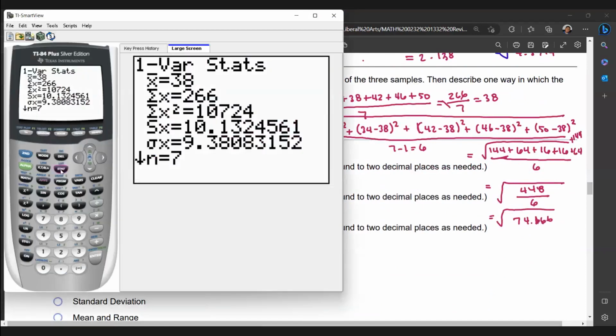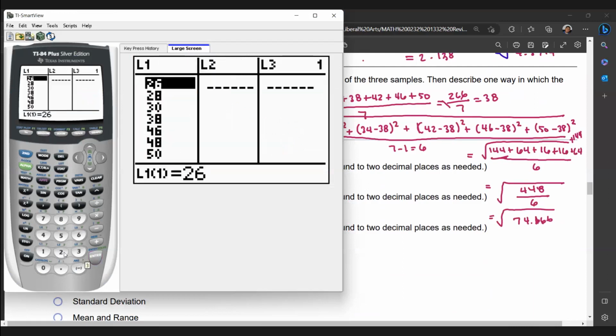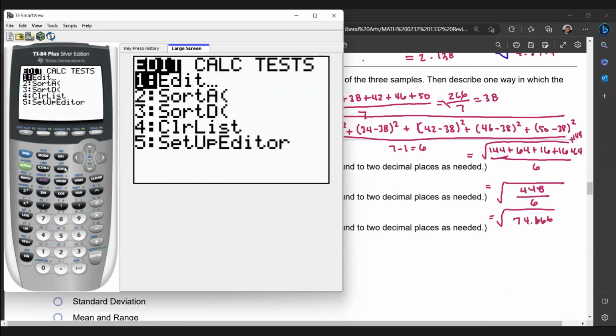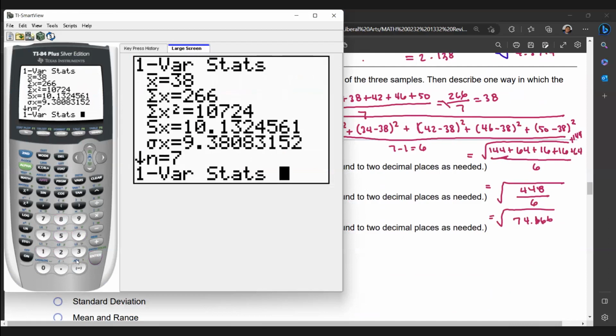So let's go to Stat, Edit, and here we type 26, 26, 26, 38, 50, 50, and another 50. Okay, so then we press Stat, Calc, and you press 1.